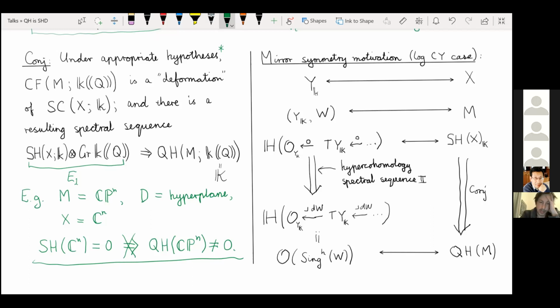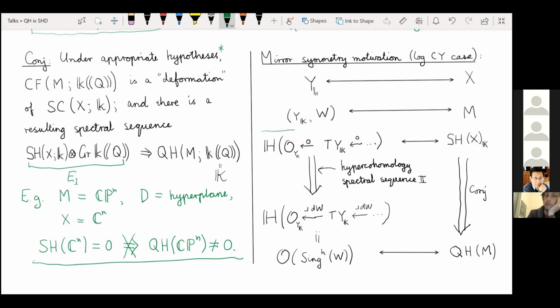Okay, so as motivation from mirror symmetry in the log Calabi-Yau case, which Jan already referred to. In that case, we expect that X is going to be mirror to some variety Y, and M is going to be mirror to the same variety Y, base changed to capital K, with a potential W put on it.